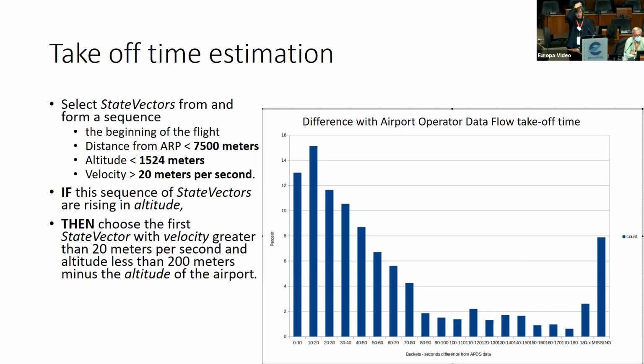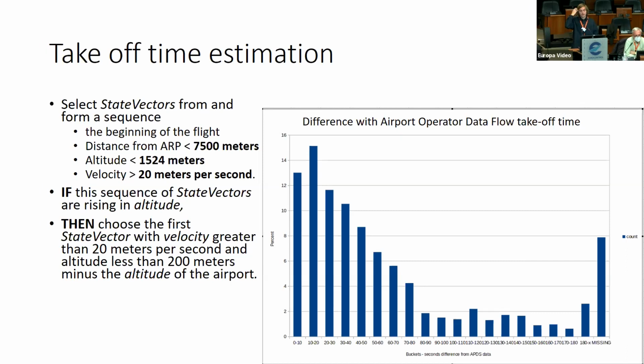The altitude has to make sense, it has to be close to ground, and the velocity of the aircraft as well, so it shouldn't move too fast. And if we put those state vectors into a sequence and the state vector shows an increase in altitude, then we just pick the first one that makes sense.